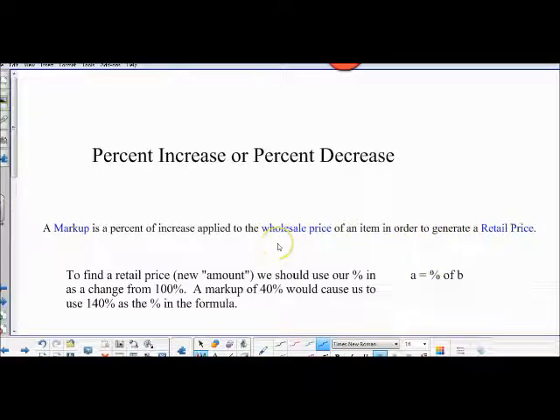Now, if you own a store, let's say we own a Best Buy, we don't make the TVs, but we get them from Sony or Samsung or whoever at a particular price. And Sony is not selling the TVs to Best Buy the same price that Best Buy sells them to you. They mark it up a certain percentage, and then that becomes the retail price.